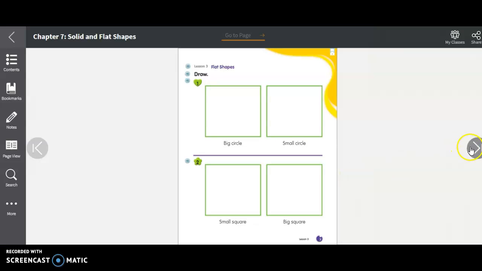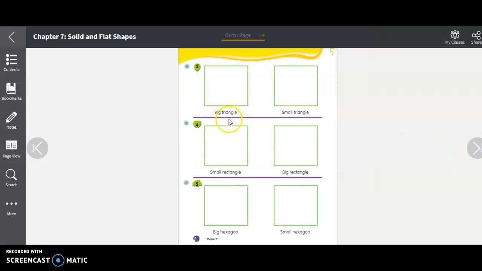Remember, even if they're different sizes, they're still the same shape. You get to do a big triangle and a small triangle. Remember, the word that starts with the S is small when you stretch it out, and the word that starts with the B is big when you stretch it out and read it, okay?